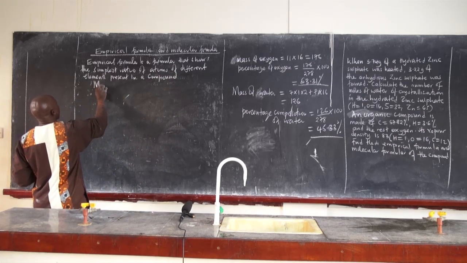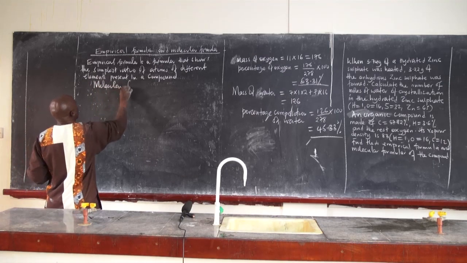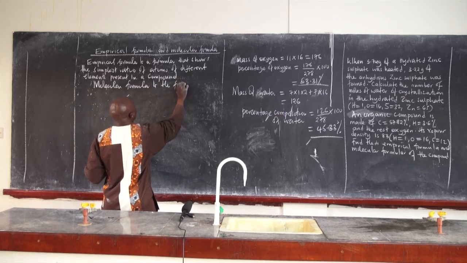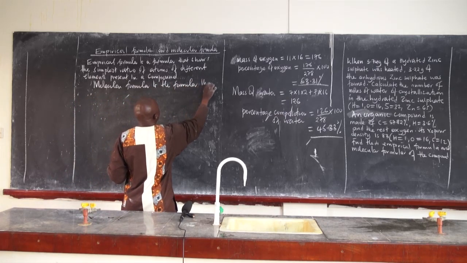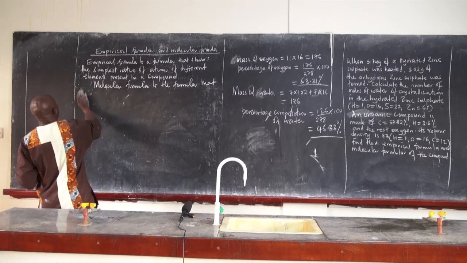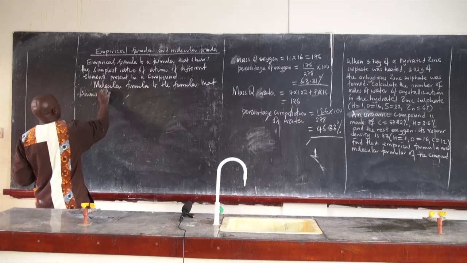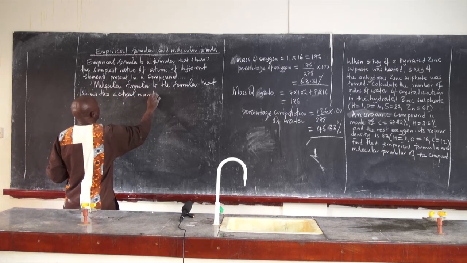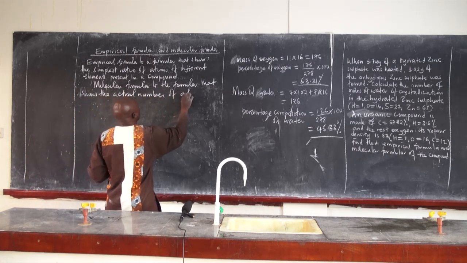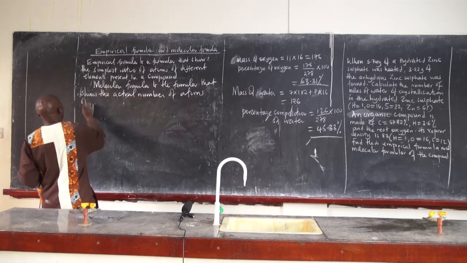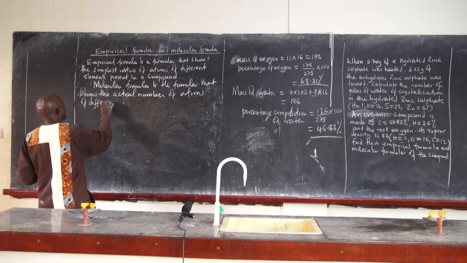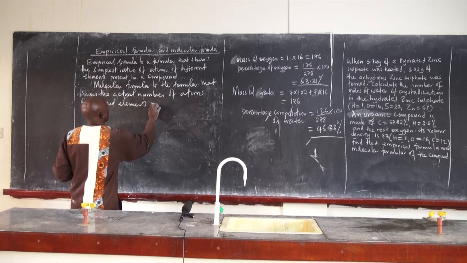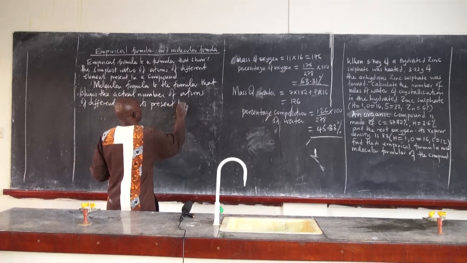The molecular formula is the formula that shows the actual number of atoms of different elements present in a compound.